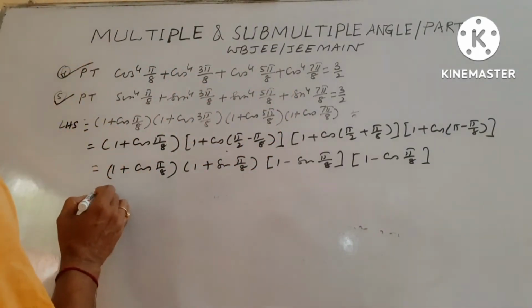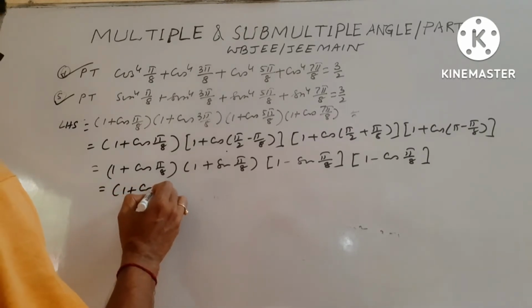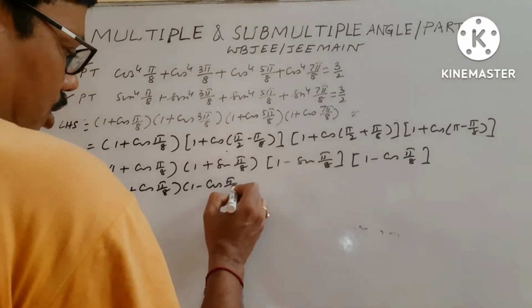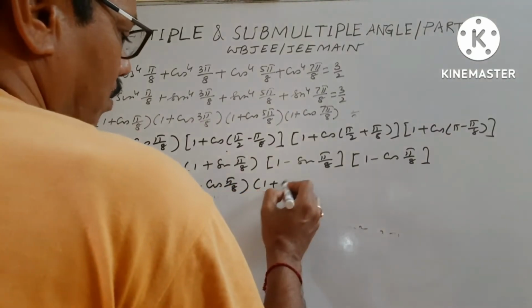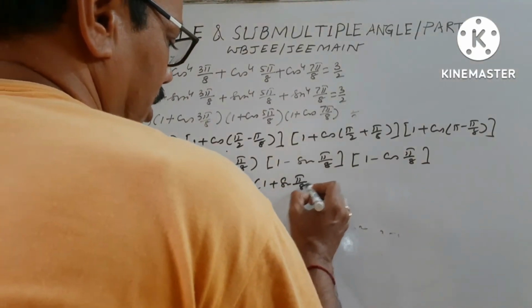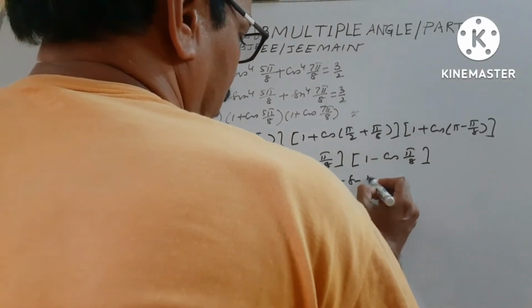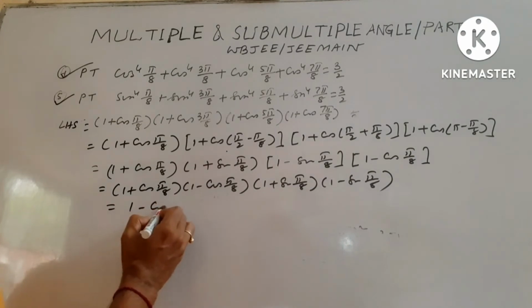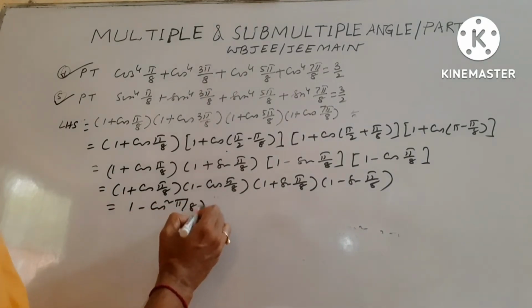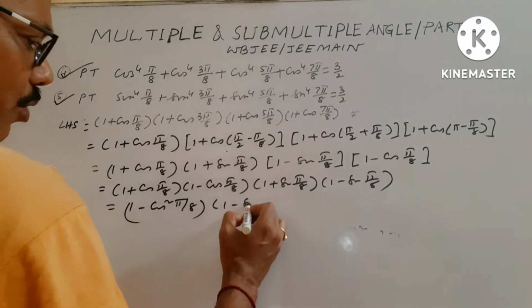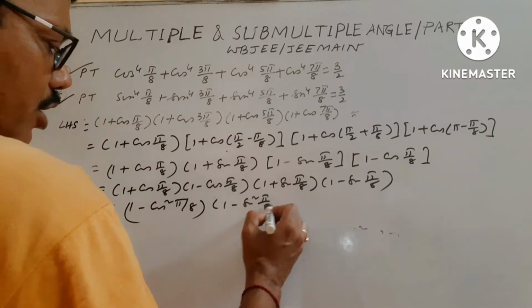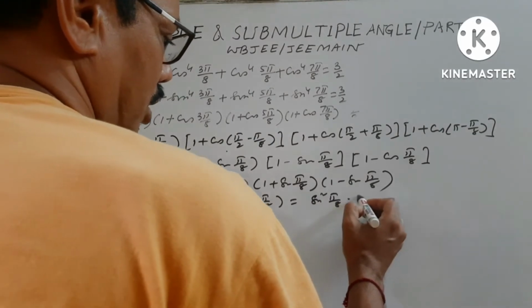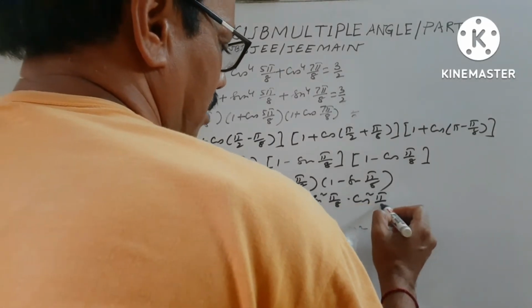Now a plus b: 1 plus cos pi by 8, 1 minus cos pi by 8, and 1 plus sin pi by 8, 1 minus sin pi by 8. So 1 minus cos square pi by 8, 1 minus sin square pi by 8. So this is sin square pi by 8, this is cos square pi by 8.